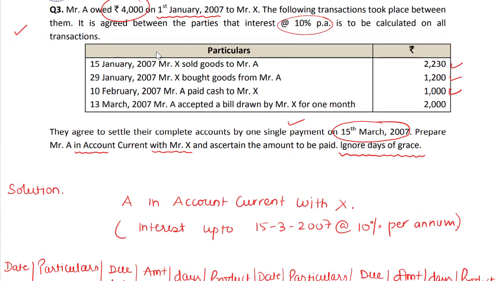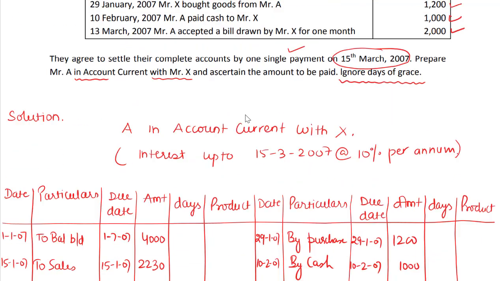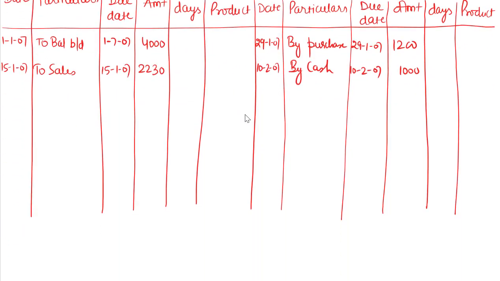Next, 13th March. Mr. A accepted a bill drawn by Mr. X for 1 month. It's a bills receivable for Mr. X, so bills receivable account is debited to A. So it is by bills receivable.